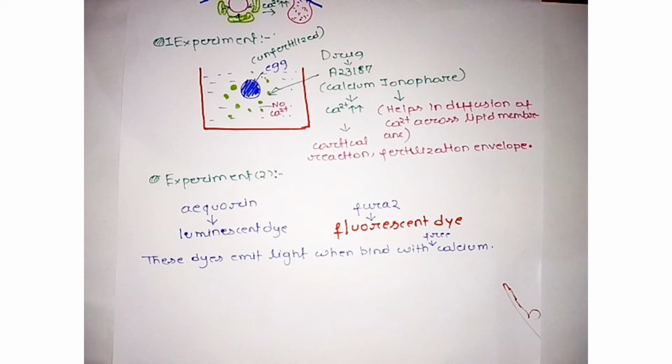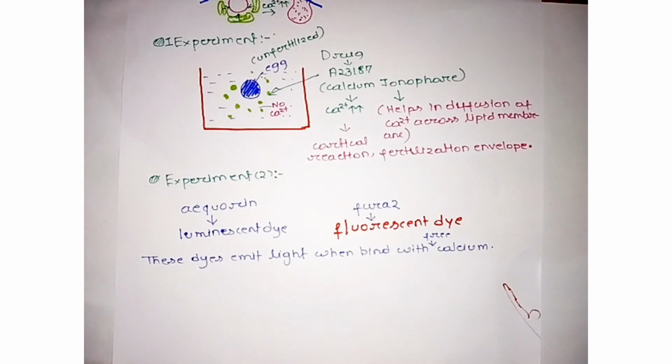The calcium which is released is intracellular calcium that is released when the sperm fuses with the egg cell membrane. So the calcium present inside the egg, the calcium released from the intracellular storage, binds with these types of dyes and emits light.